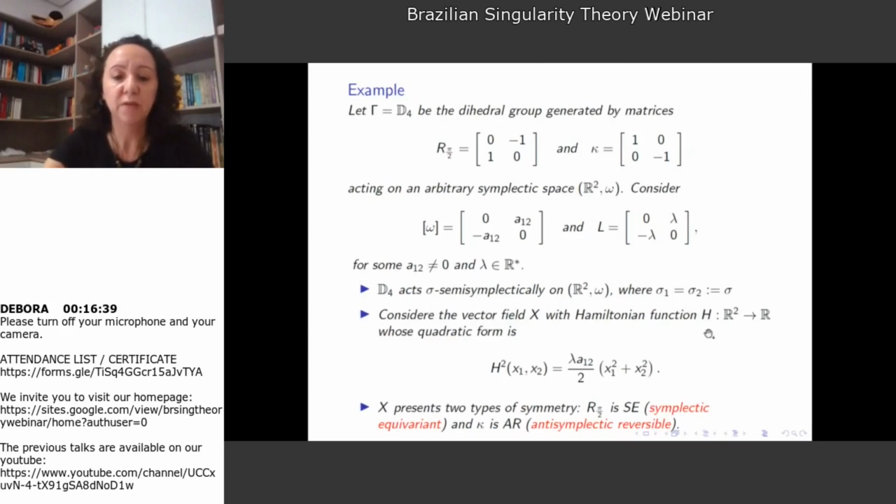The vector field with the quadratic form given in this way presents two types of symmetry. There are four types that can appear; in this case, only two types of symmetry appear. The rotation matrix is symplectic and equivariant, and kappa is unsymplectic and reversible.